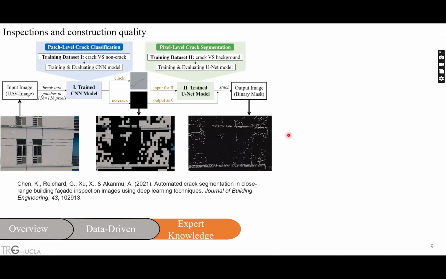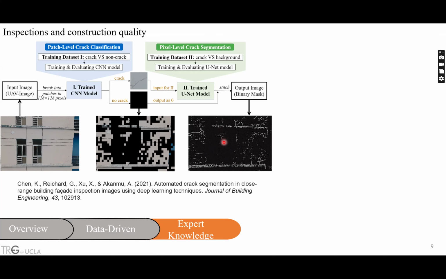The other example is related to inspection and construction quality. On a larger scale, for example, we have many buildings inside California, and if you want to see how good they are, or for example the dams and other infrastructures, some people should go there and take a look: okay, here is a crack, here is damage or not.